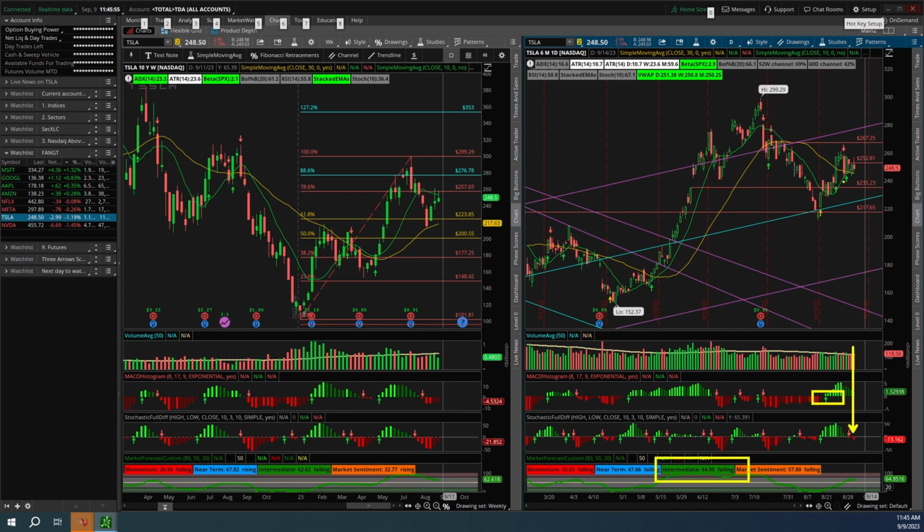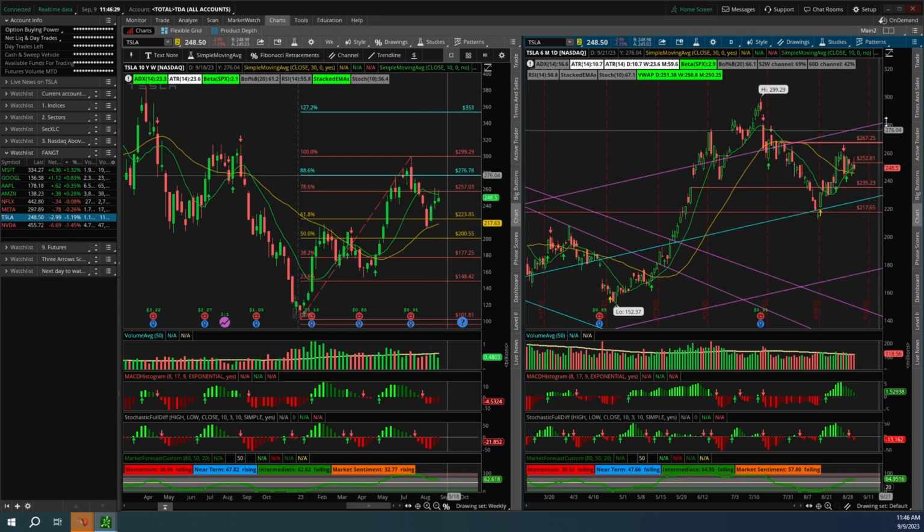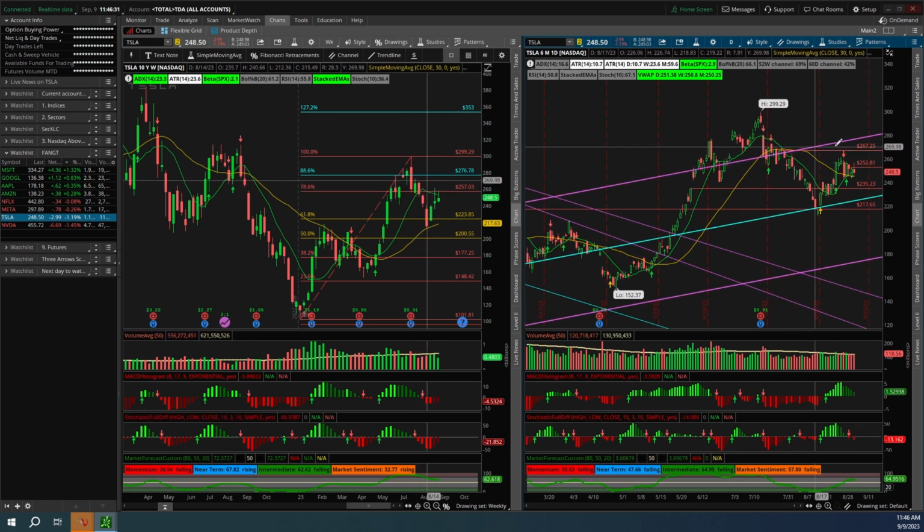We did have a break to the downside on the dailies, and now a bull flag that triggered, I would say, right here, but it failed and came back down. So I would say that it's still in the range right now.